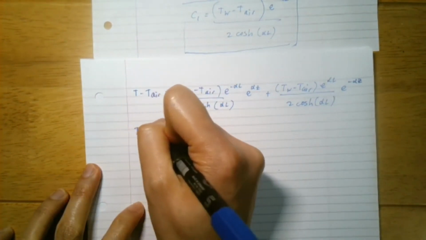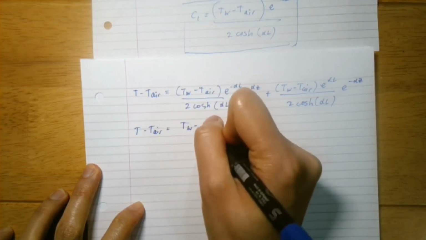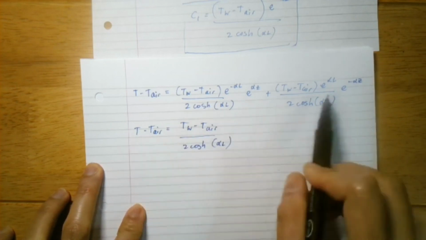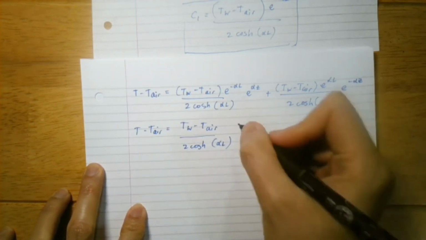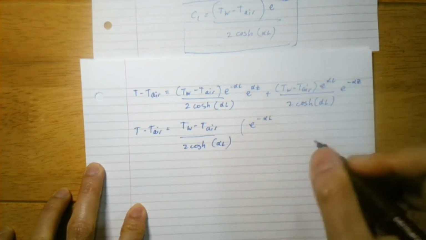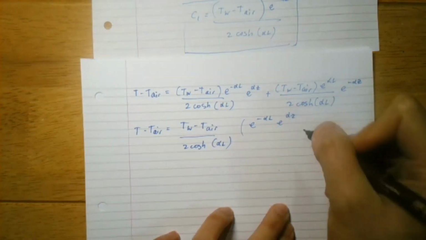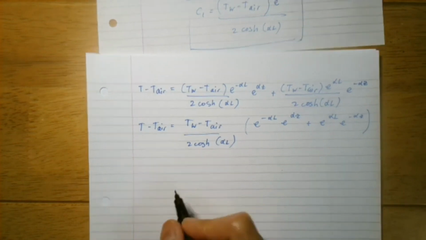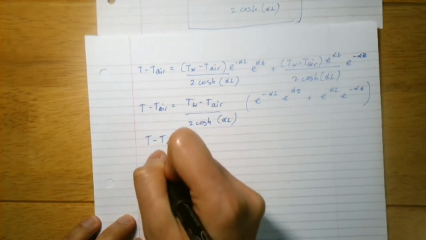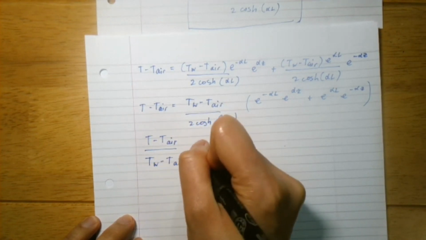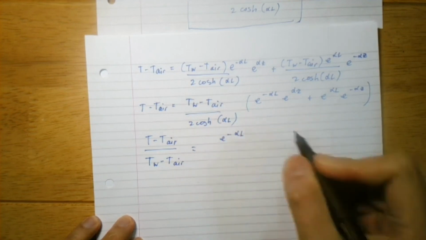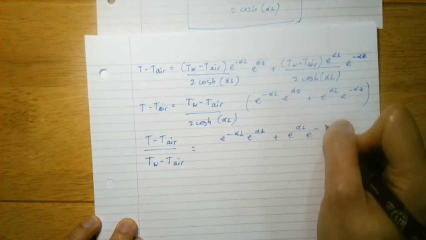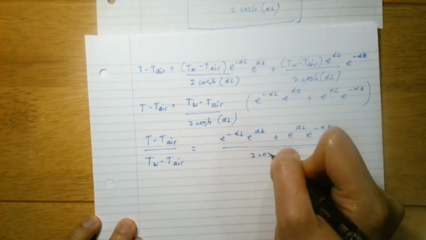We can factor out TW minus T air and 2 cosh alpha L because they appear in both terms. Then we have the bracket: exponential of e to the alpha L times e to the alpha z plus e to the alpha L times e to the negative alpha z. Therefore, T minus T air over TW minus T air is equal to that bracket divided by 2 cosh alpha L.